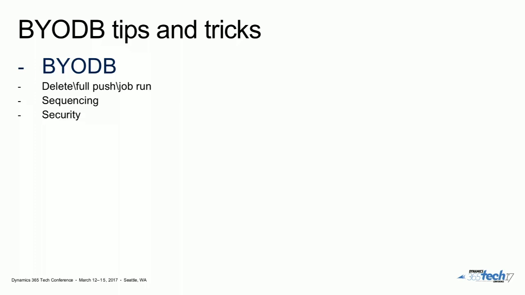So let's say you are pushing 100K vendors, it will initially delete all the vendors in bring your own database, and then it will start inserting in a bulk fashion. It could be like 50K in one shot and 50K in the next shot. So when the integration system is reading the data, it might see, I just have 50K vendors, and it might think the other 50K is missing.